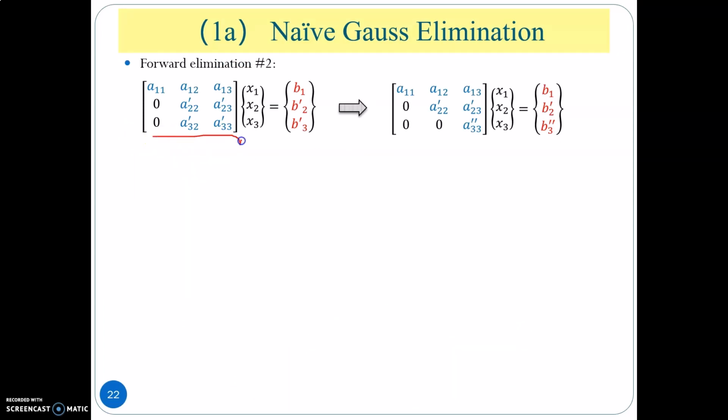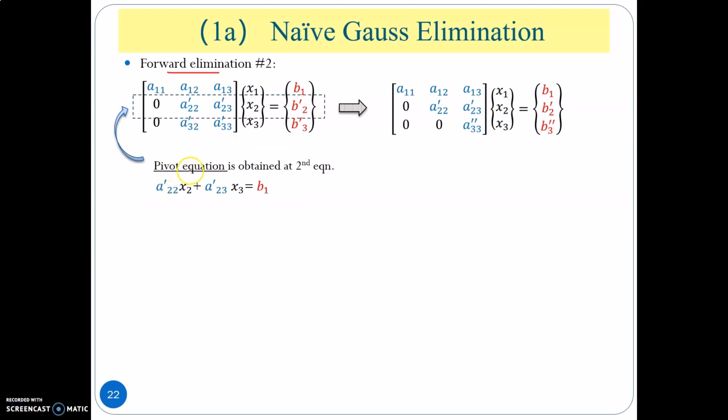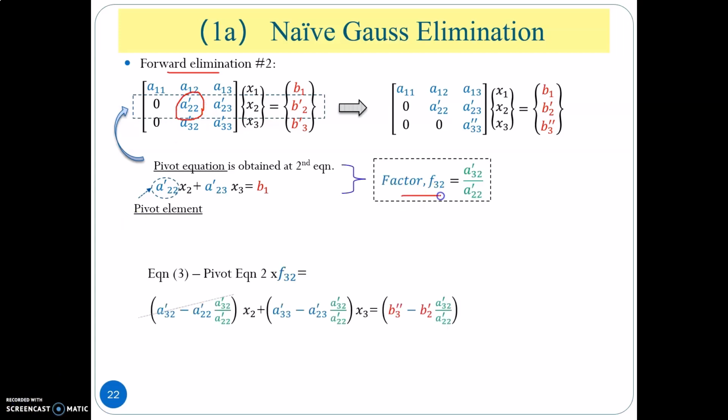Previously, we obtained this equation, and to change A32 prime to be 0, we need further forward elimination. To do this, we set the pivot equation at the second equation here. With that, we obtain this to be the pivot element, and then we can find the factor F32 to be A32 prime divided by the pivot element A22 prime.